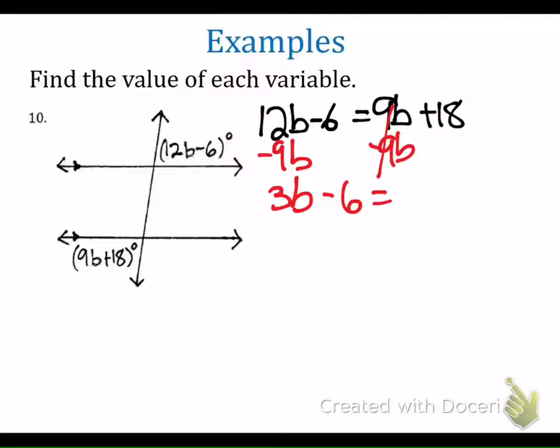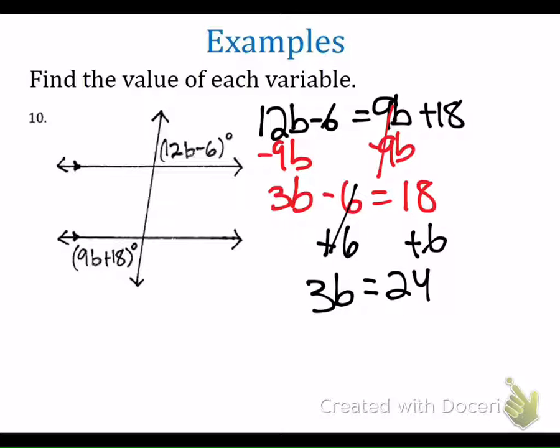Is that 12b minus 6? Yep. Next step would be to add 6 to both sides. So 3b equals 24, which means that b is going to equal 8.